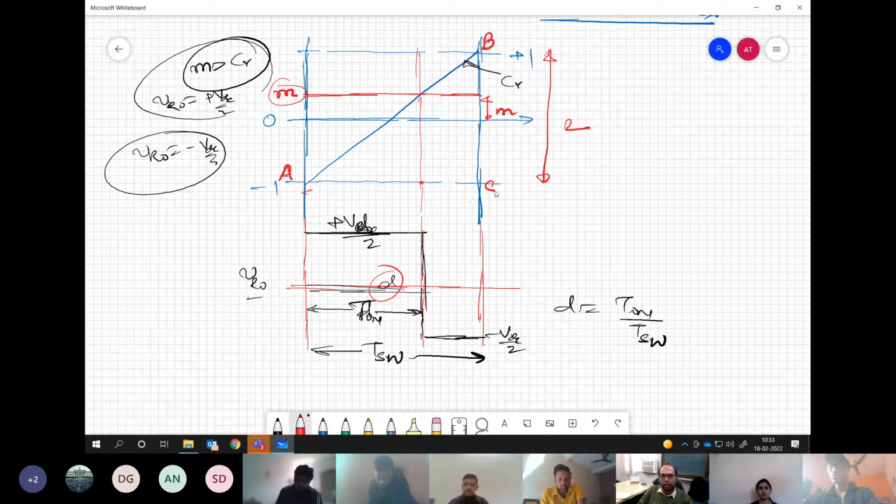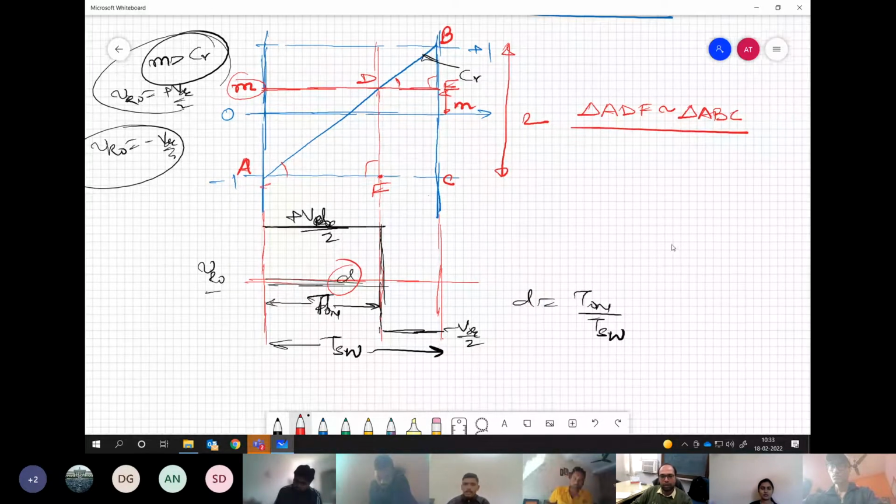Let's say I take a triangle ABC over here and say this is DE and this point is F. Because these are all within the same parallel lines, we have triangle ADF similar to triangle ABC. We have the same angle over here and 90 degrees of course common. So the similar triangle property we can use, and we can understand how this is correlating.